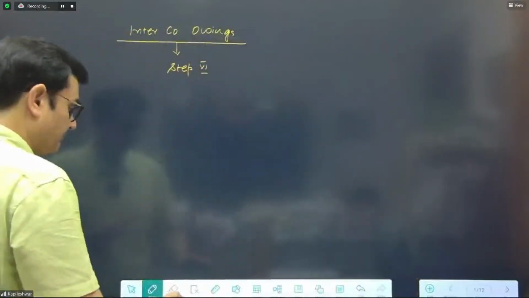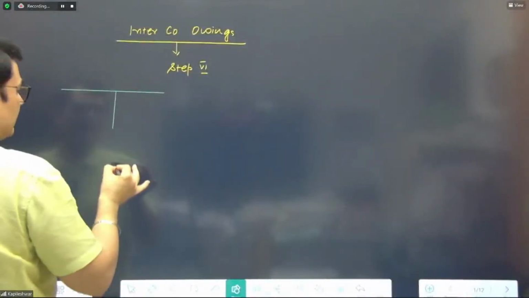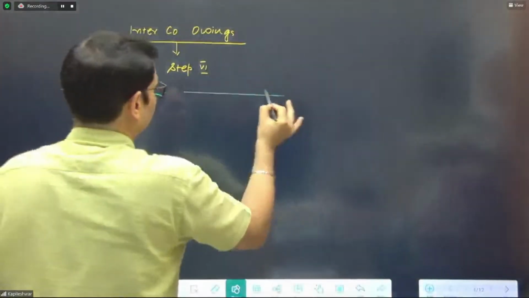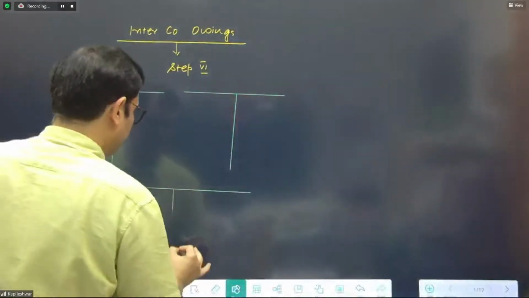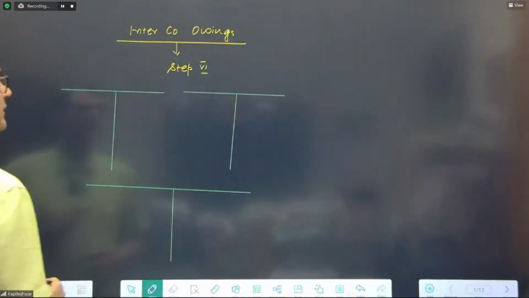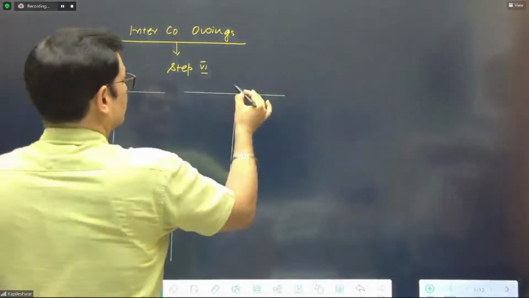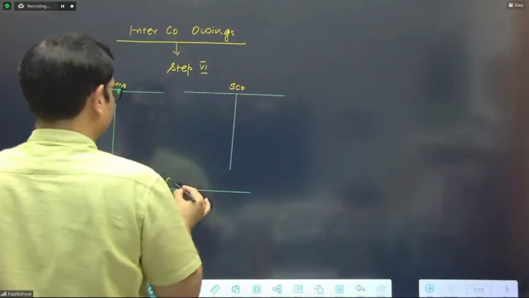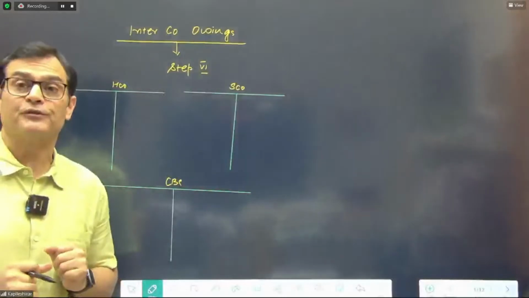So let's imagine that there is a balance sheet of the parent company. I'm making a T-shaped balance sheet just for understanding perspective. So there is a holding, there is a subsidiary, and there is a consolidated balance sheet. This is the balance sheet of the holding company, this is the balance sheet of the subsidiary, and this is the consolidated balance sheet of the group.